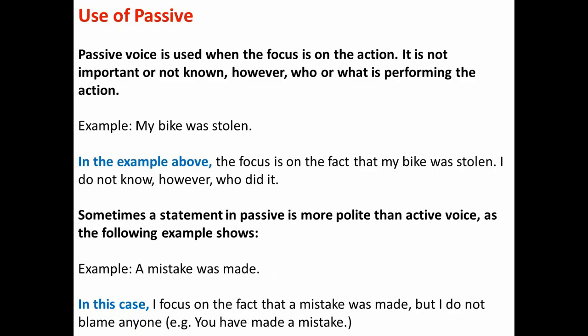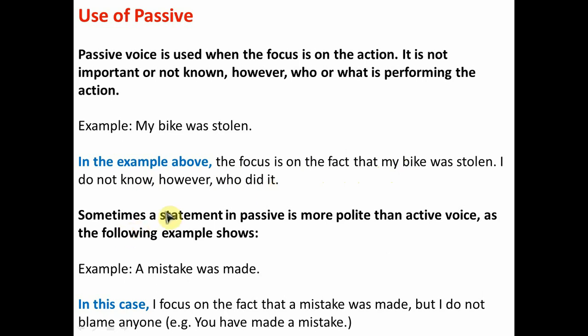But in the passive voice, I focus on the action. It's not important or not known, however, who or what is performing the action. For example, my bike was stolen. In this example, the focus is on the fact that my bike was stolen. I don't know, however, who did it.